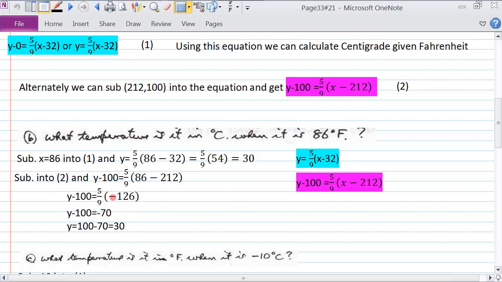If you want, you could do this on a calculator. I transpose the 100 from the left to the right, and y comes out to be 30. So here we see whether we use this equation or that equation, when we convert 86 to centigrade, we get the same value, 30 and 30.